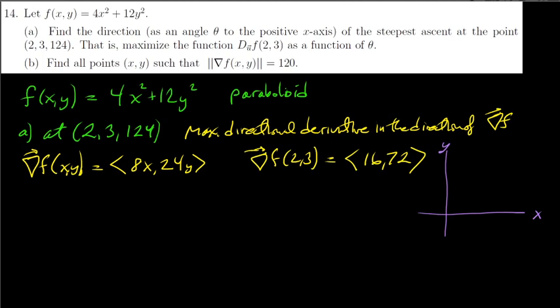Okay, so let's see. We have a vector with an x component of 16 and a y component of 72. So the angle with the x-axis, just trigonometry, right? Opposite over adjacent. So opposite is 72, adjacent is 16.